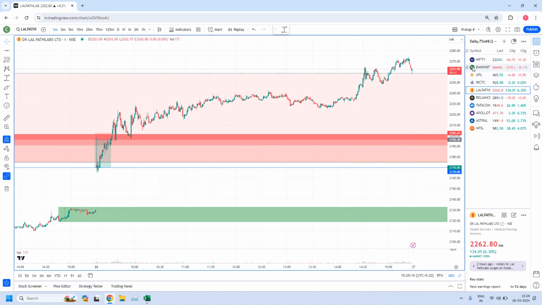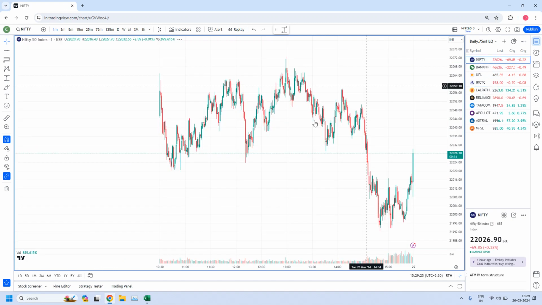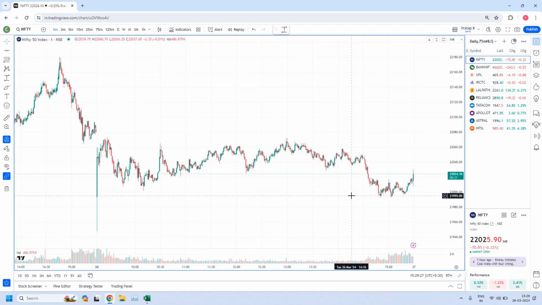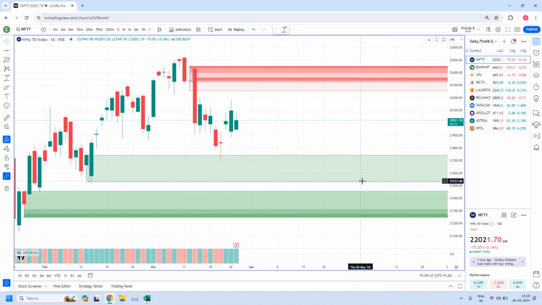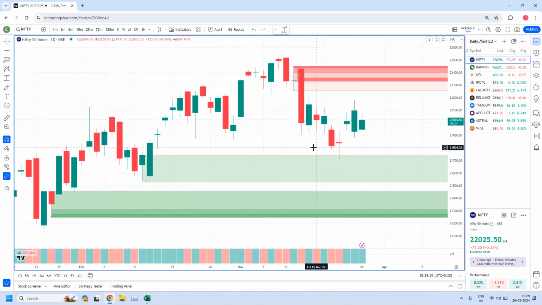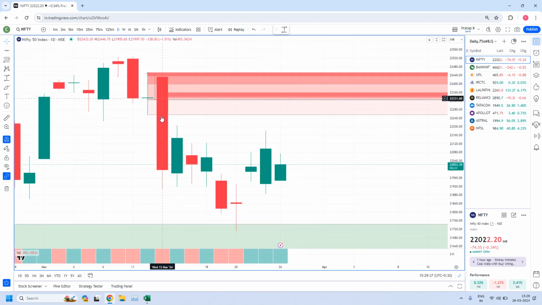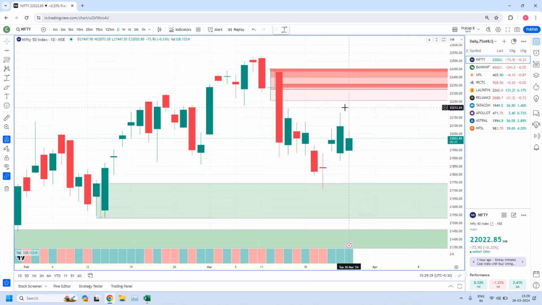So now let's look into all the high liquidity zones and how we fine tuned them. This is a daily zone. This is Nifty 50, and this is the high liquidity supply zone. But today prices didn't go there. Prices moved in a small narrow range today.